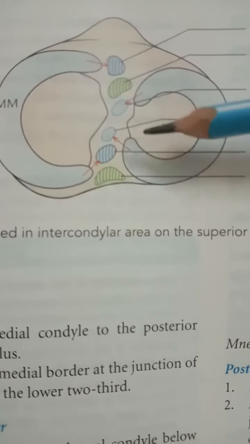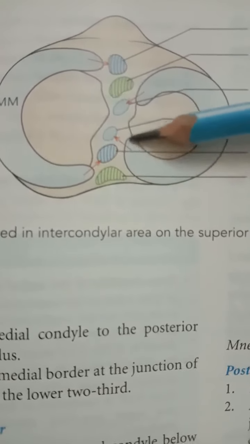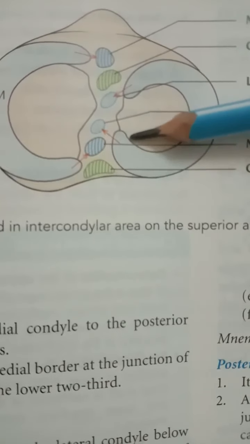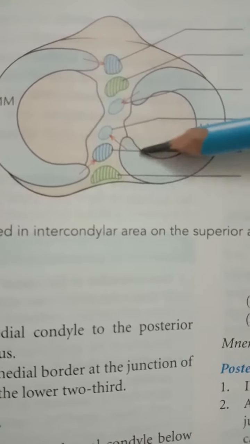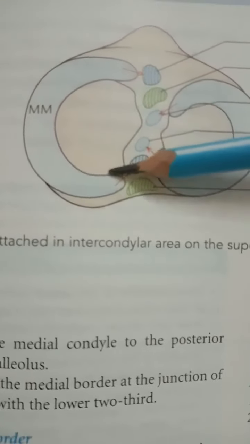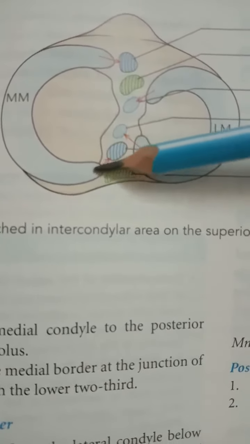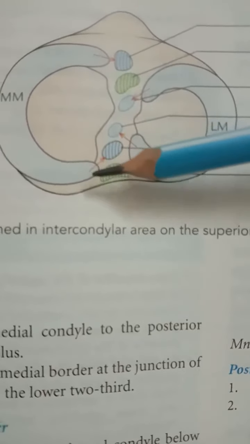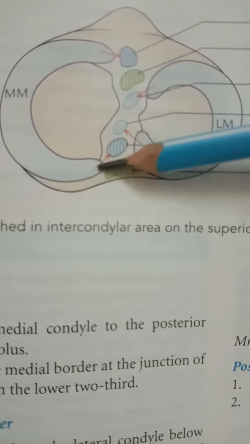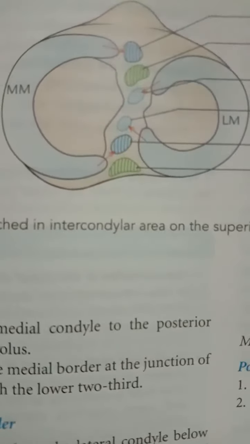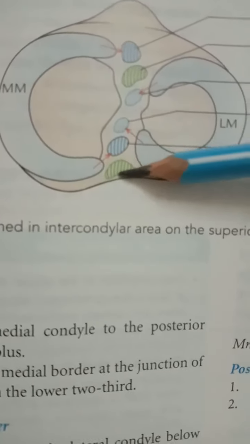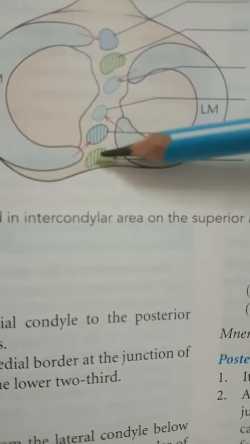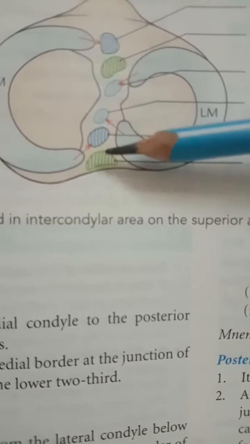Then the posterior horn of the lateral meniscus, this one, is present on the posterior slope of the intercondylar eminence. Then the posterior horn of the medial meniscus is present in the depression behind the base of the medial intercondylar tubercle. Then the posterior cruciate ligament, here in green color you can see, is present at the posterior-most smooth area.